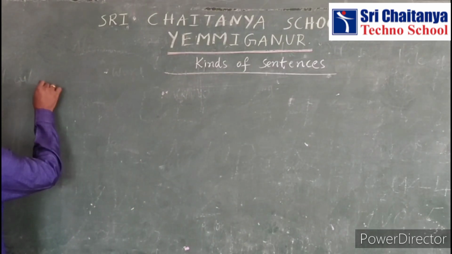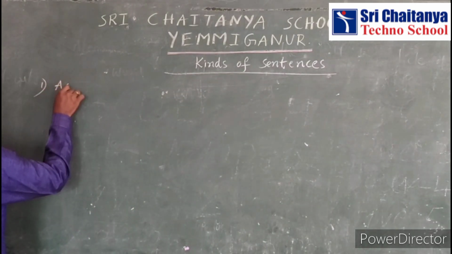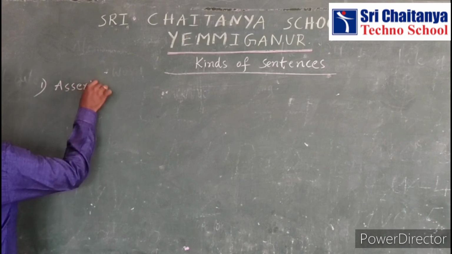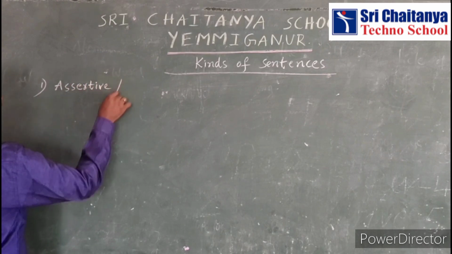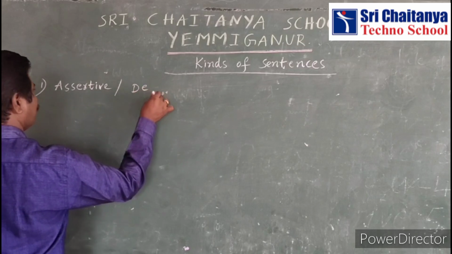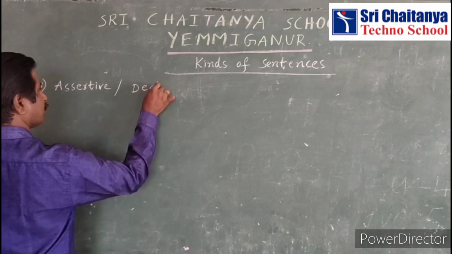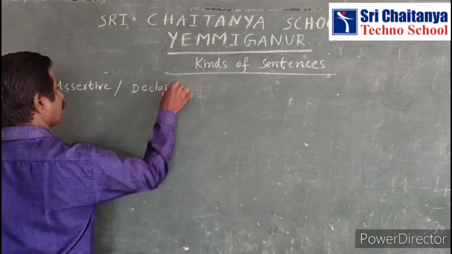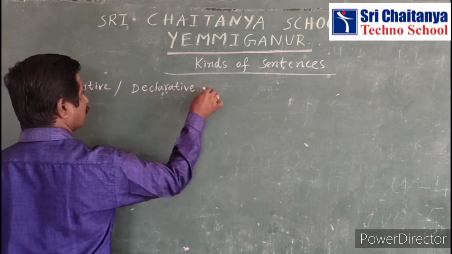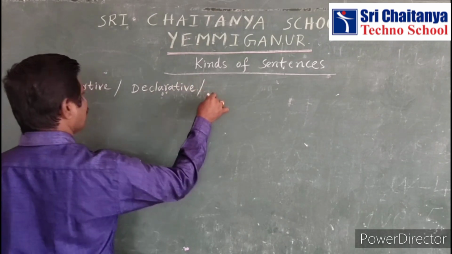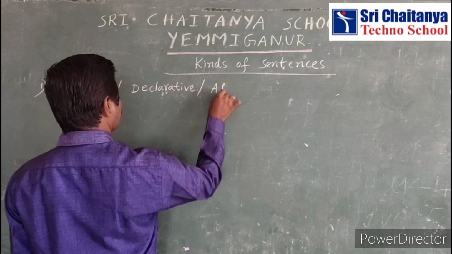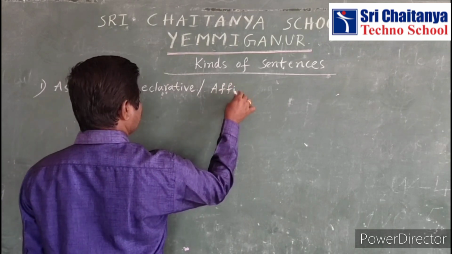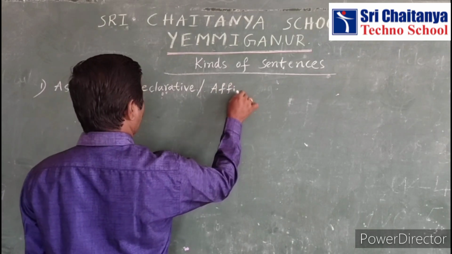Let us go with the first one. The first one is called an assertive sentence. An assertive sentence is also called a declarative sentence, and it is also called an affirmative sentence, which affirms something.